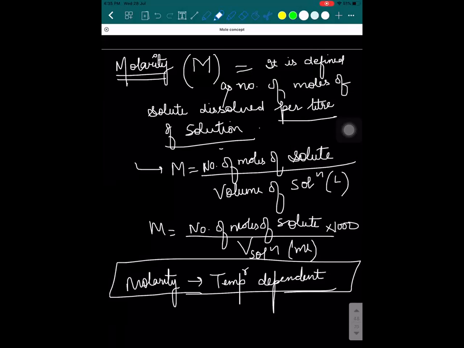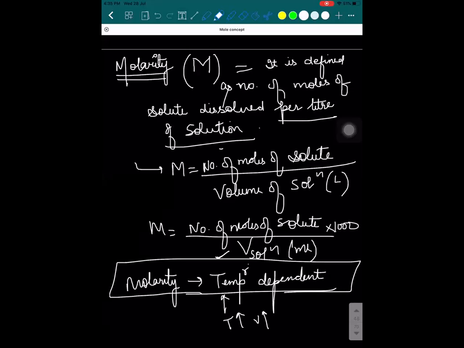Aditya, yes, tell me. Ma'am, what does temperature dependent mean? See here, temperature dependent means the volume of the solution is included in this, isn't it? You know that if I increase the temperature, volume will increase.